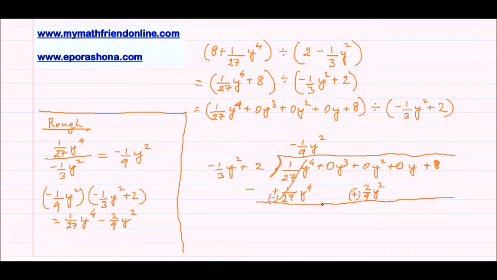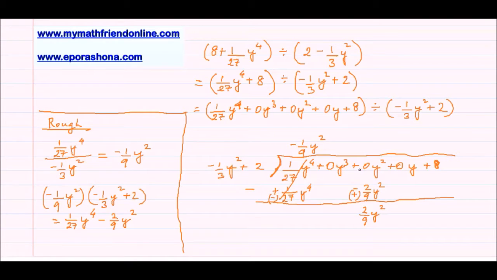We can bring this term down, but this doesn't have any meaning. 0 multiplied with anything will be giving us a 0 result. So we just leave this. And we bring down this 0 into y square plus 2 by 9 into y square will be giving us a simple 2 by 9 y square as the result of the addition.